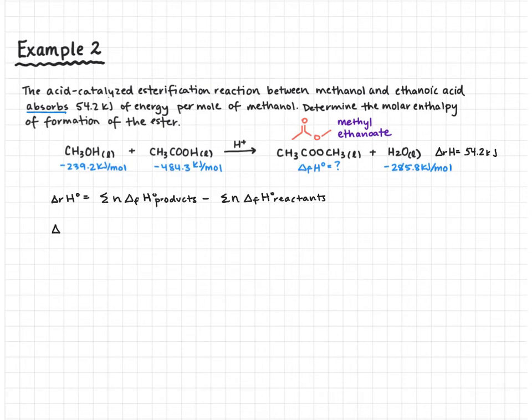So to expand on this, our products are moles of, and I'm just going to write ester because it's a little bit faster, times delta FH of our ester plus moles of water times the formation enthalpy of water, and then subtract our reactants, so moles of methanol and I'm just going to write acid for our ethanoic acid just to save a little bit of writing.